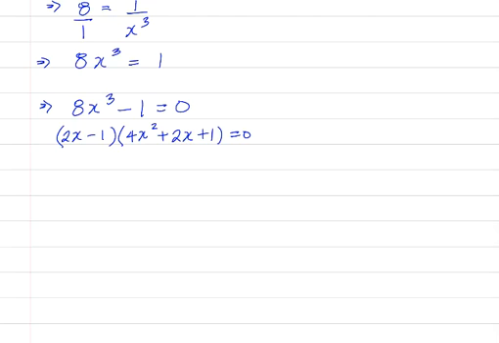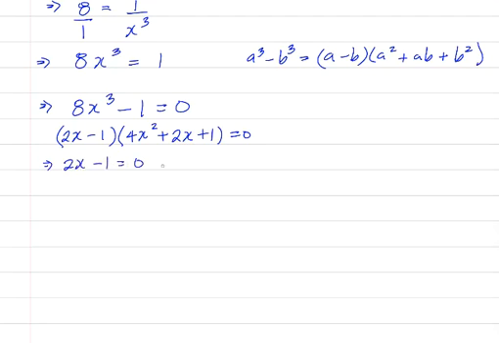And this is coming from a cubed minus b cubed is equal to a minus b, a squared plus ab plus b squared. That's a general format. So 2x minus 1 is equal to 0, or 4x squared plus 2x plus 1 is equal to 0. Therefore x is equal to a half.